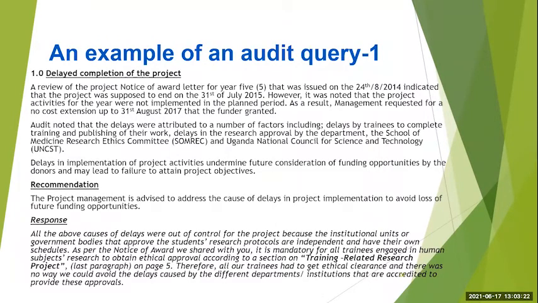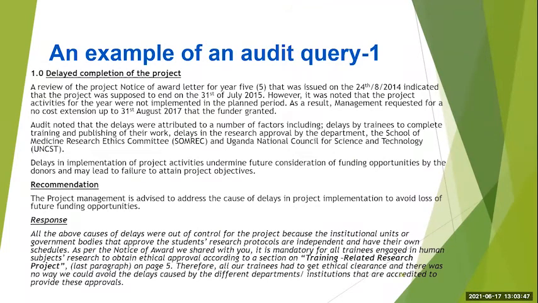Here I have an example of some of the queries that I've gotten from one of the audits. For my first project, we requested two years of no-cost extension. We first got the first no-cost extension, but still extended for another year.